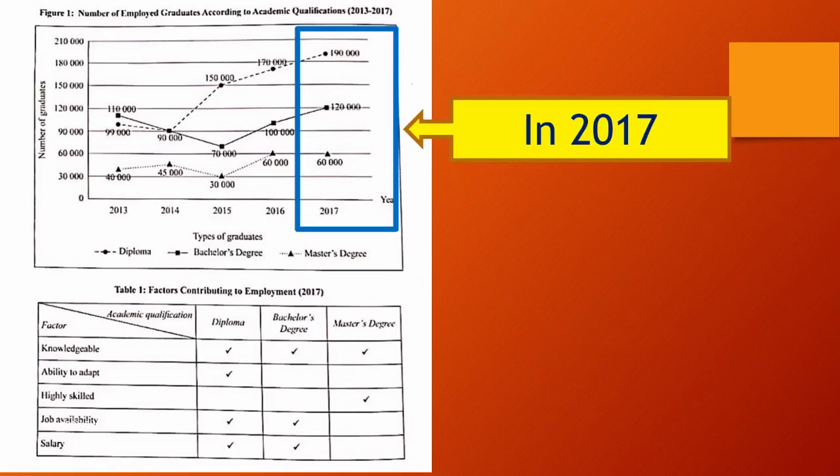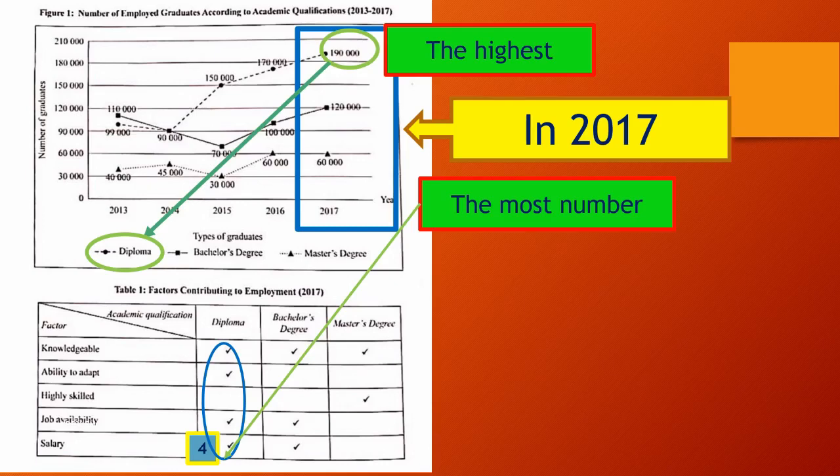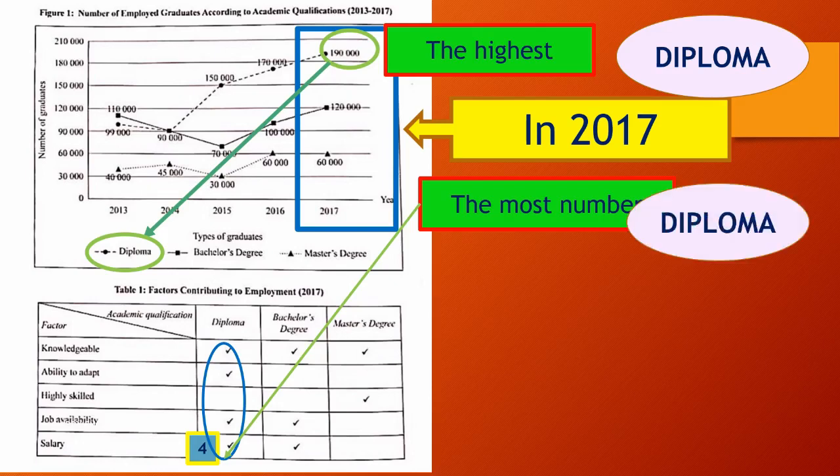So when we look at year 2017, that will be the things that we are looking at related to table 1. I would like to talk about diploma as the highest number of employed graduates was diploma. And I would like to link to the most number of factors contributing to employment for 2017, which is diploma as well. Both of these are based on the data of diploma.